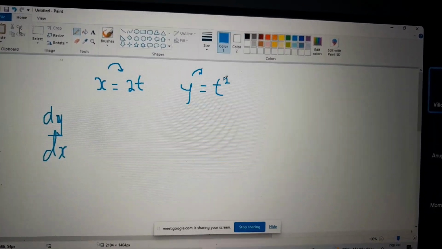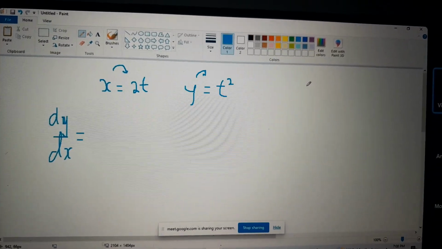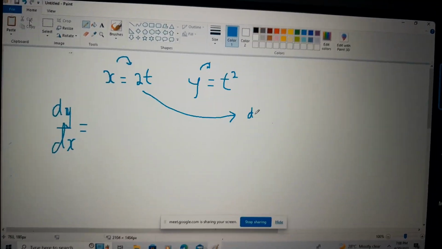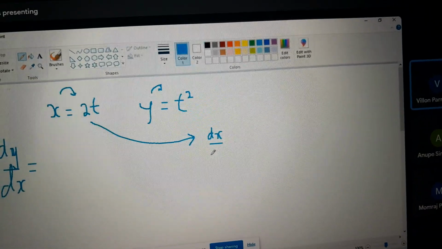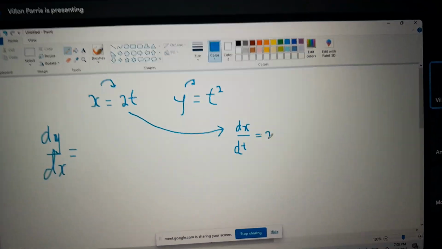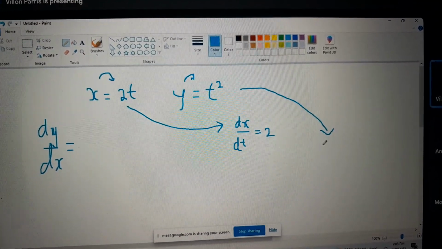So I want you to quickly tell me, what will we get for dx/dt? This should be fast. What's dx/dt? 2. Excellent. dx/dt is equal to 2. Now, what is dy/dt?